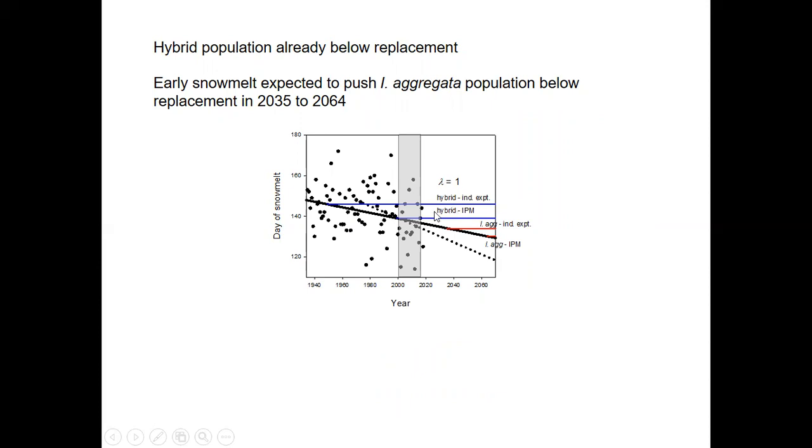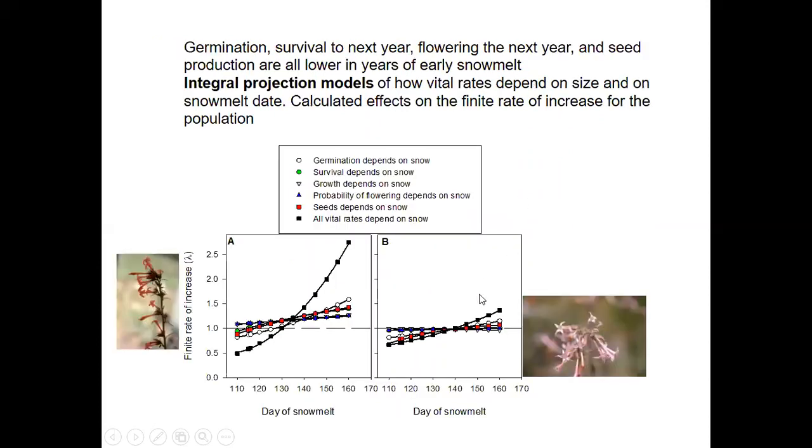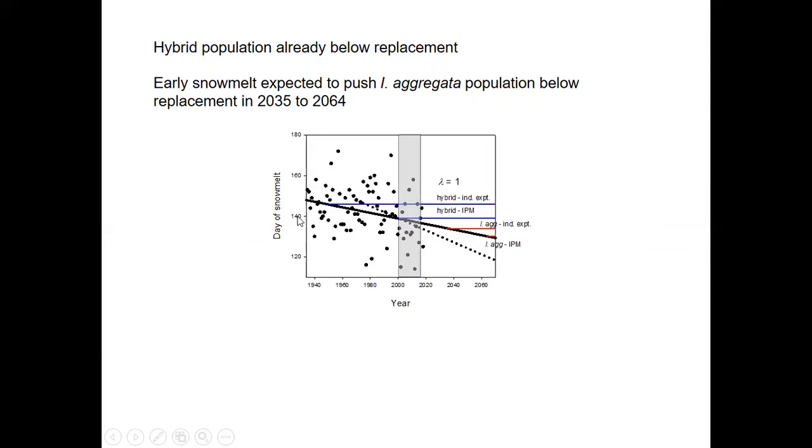If you look at the hybrid population from that integral projection model, I'll go back for just a second here. That was hitting a lambda of 1, a finite rate of increase of 1, if the snow melts at about the 140th day of the year. So the 140th day of the year is right there.